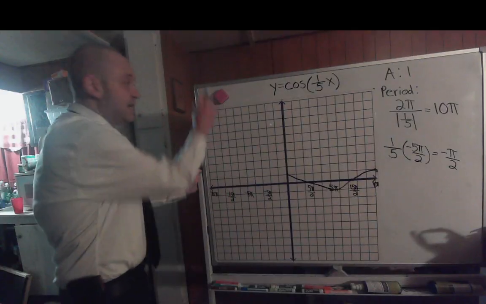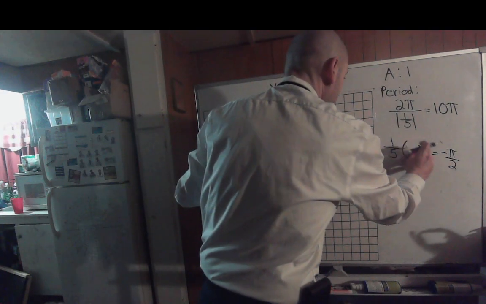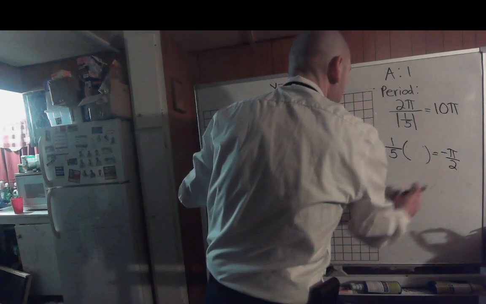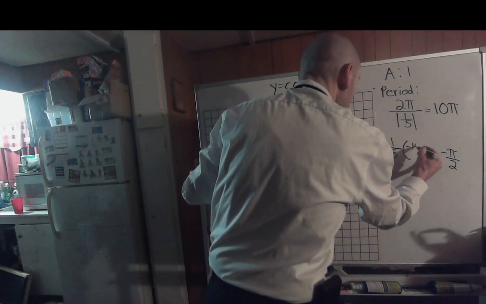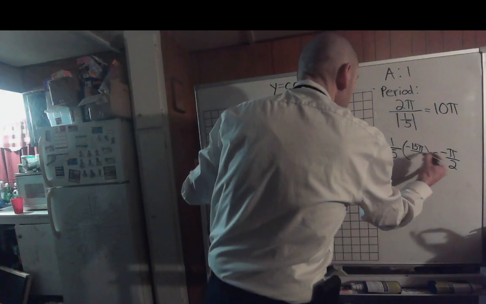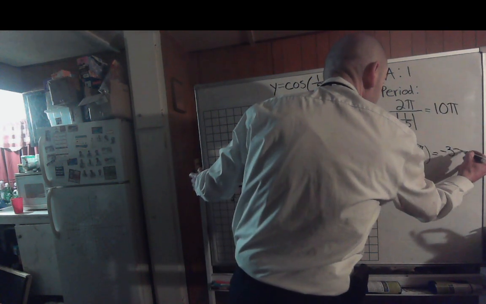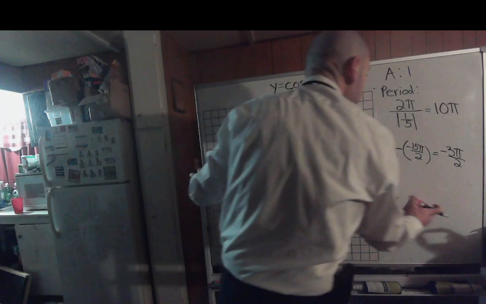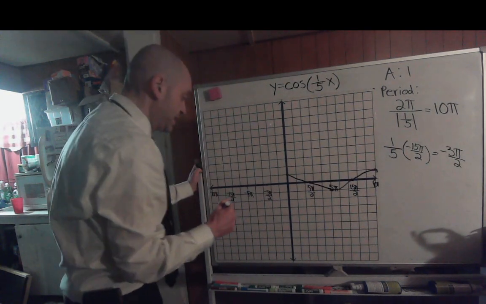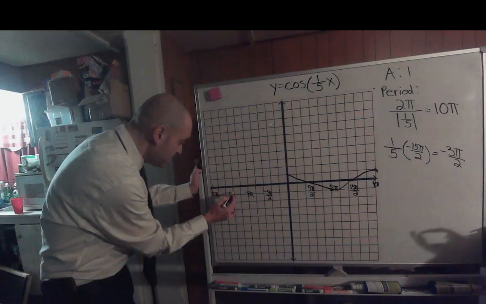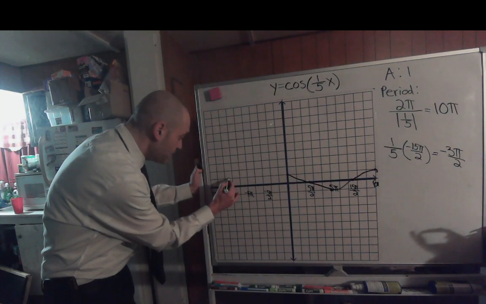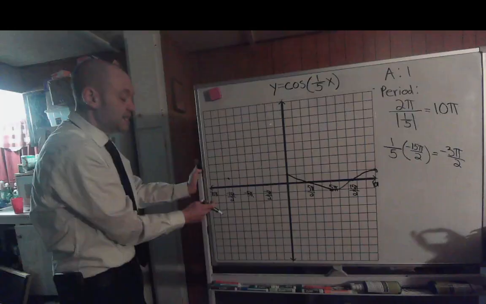Now what about -15 pi over 2? A fifth of -15 pi over 2, that'd be the same as -3 pi over 2. What is the cosine at -3 pi over 2? That's going to be +1.